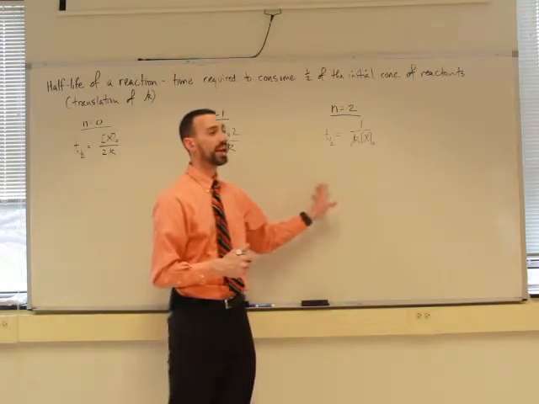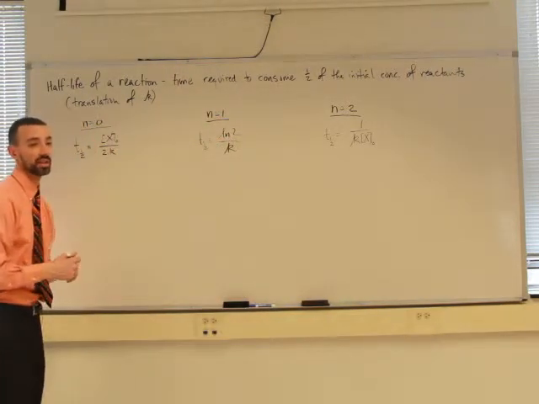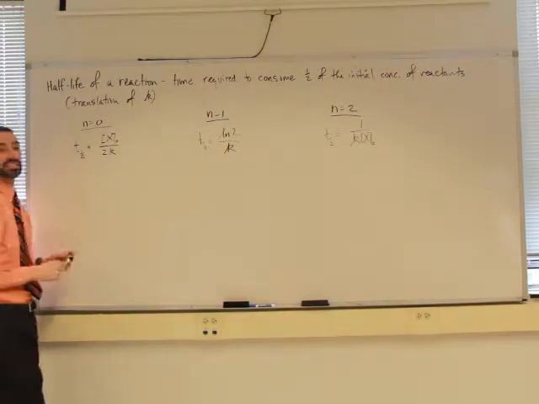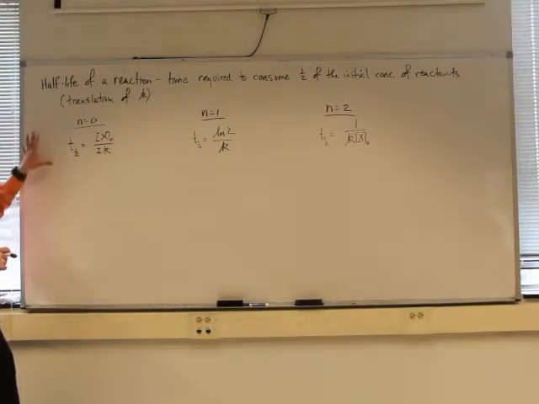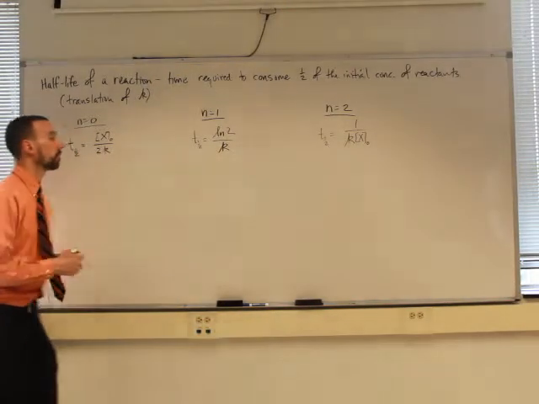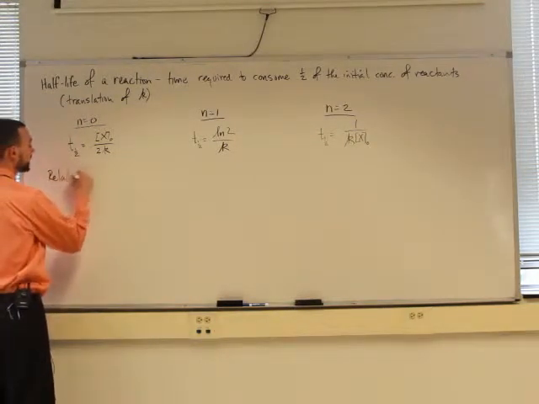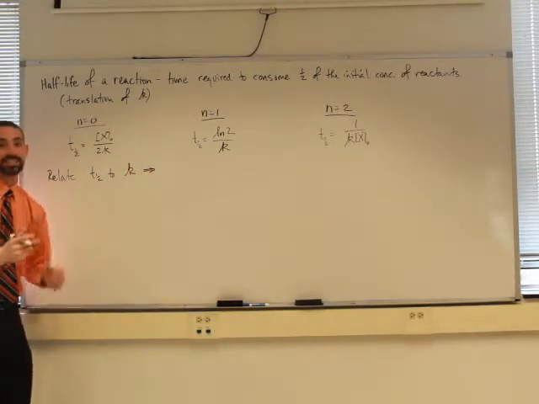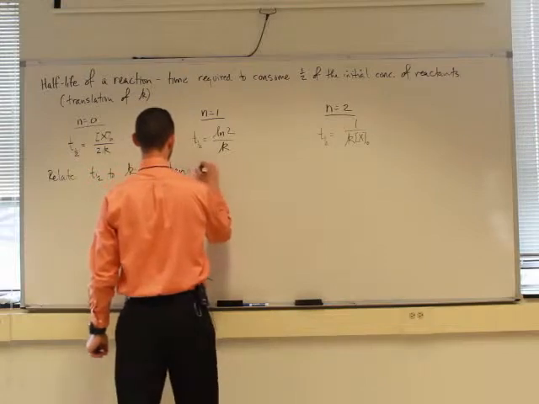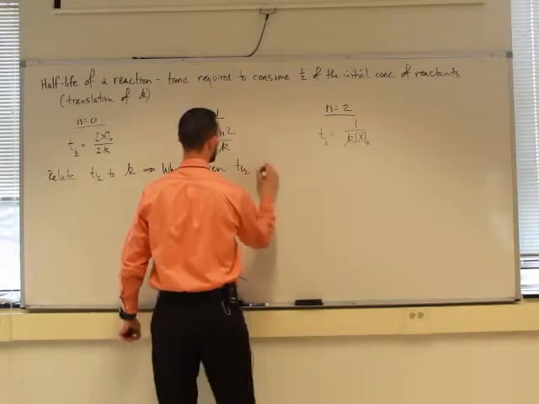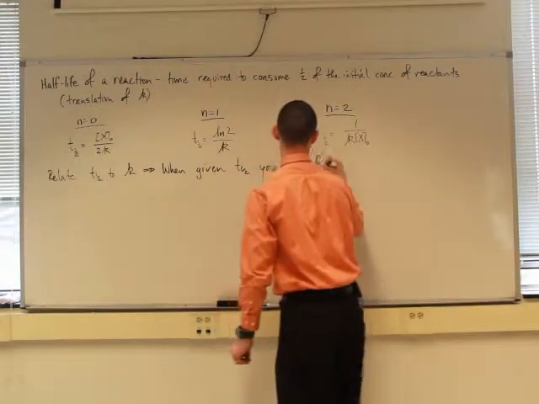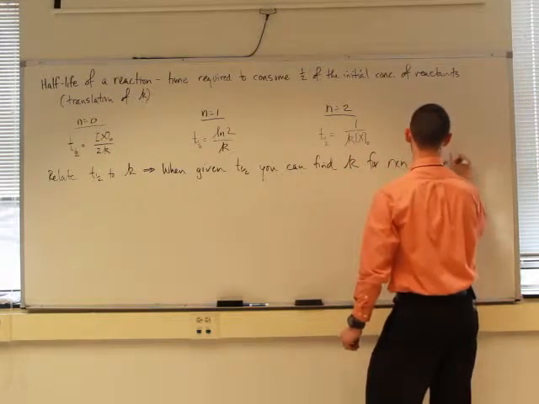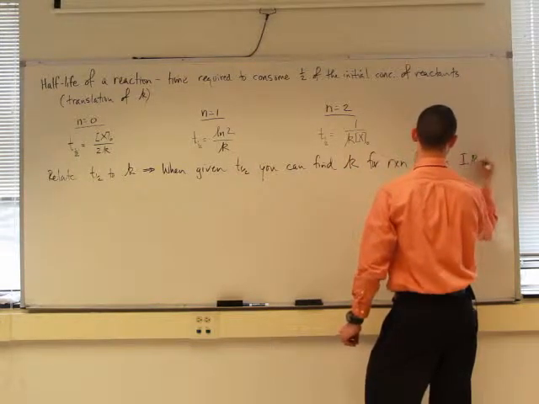So these are 3 half-life equations. These are also on your formula sheet. And what these are really doing is giving you the rate constant in disguise. Their real job is to relate the half-life to the rate constant. The subtext here is that when given the half-life, you can find K for the reaction, which you'll then use in the integrated rate law.